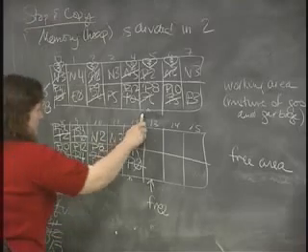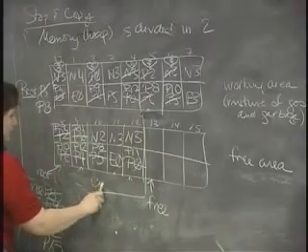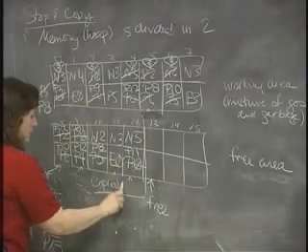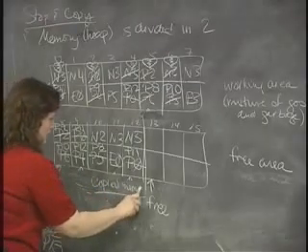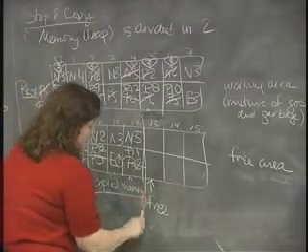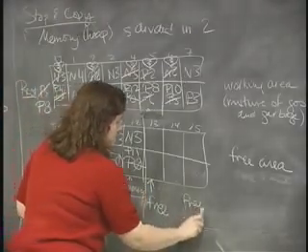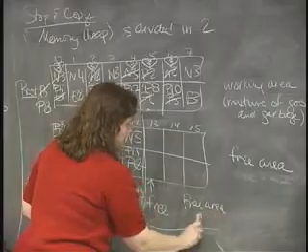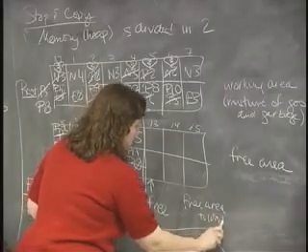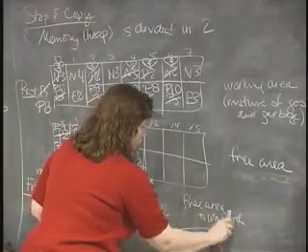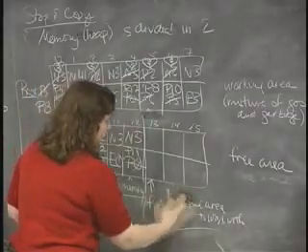So this part here is the copied memory. And this part here is the free area to work with, or the empty area.